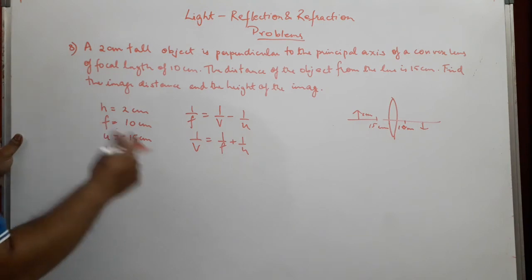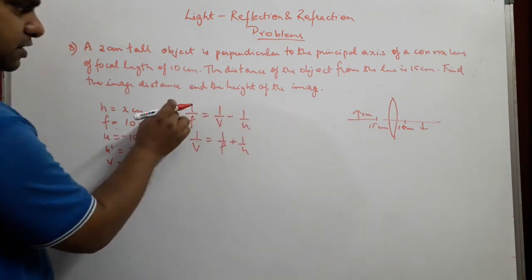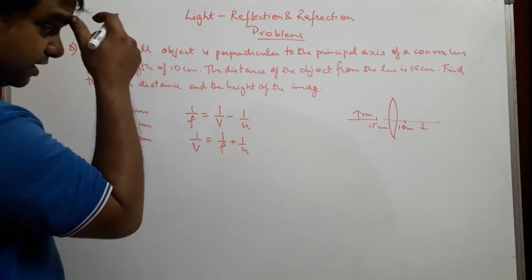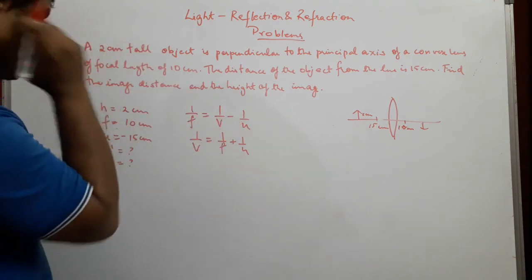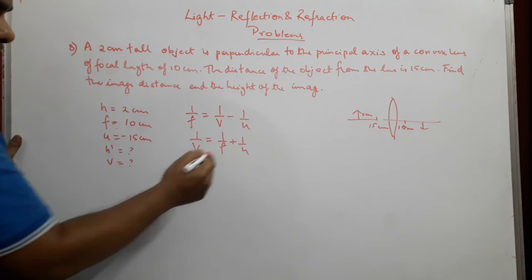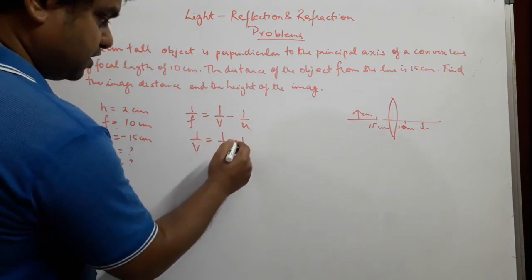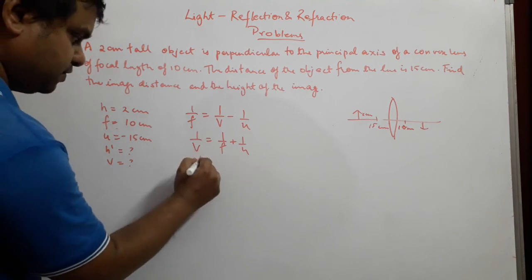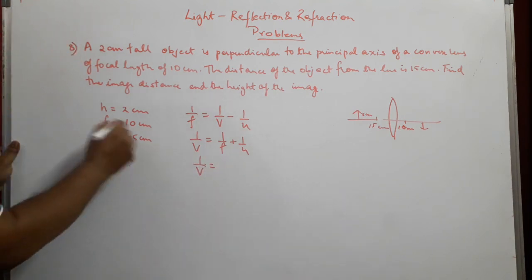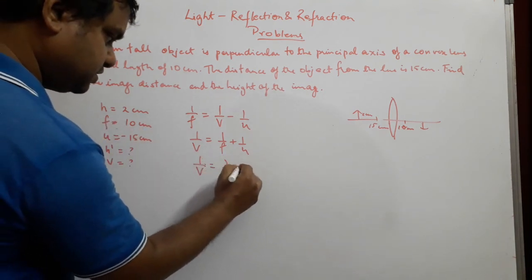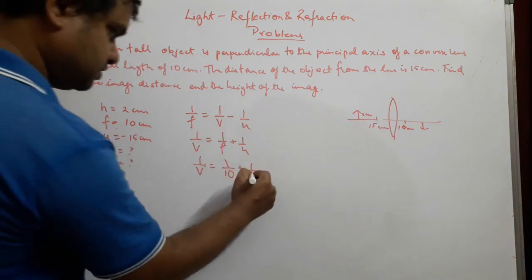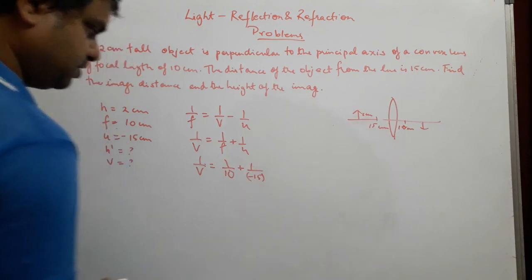All I've done is taken 1 upon u to this side, written in a way that 1 upon v comes on the left hand side. Now f is given as 10 centimeters and u is minus 15, so we'll write minus 15 out here.